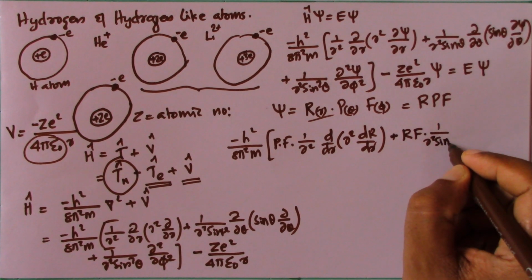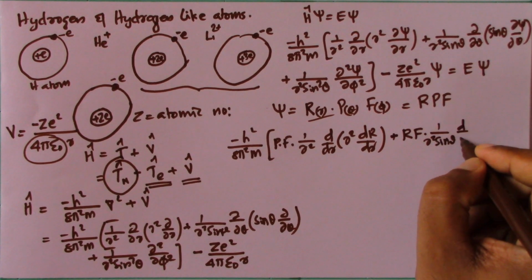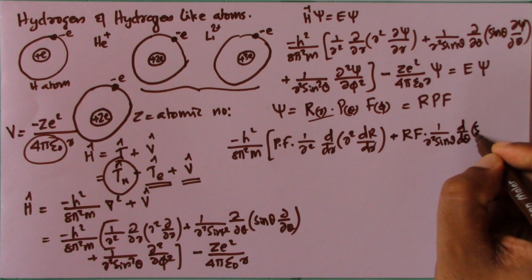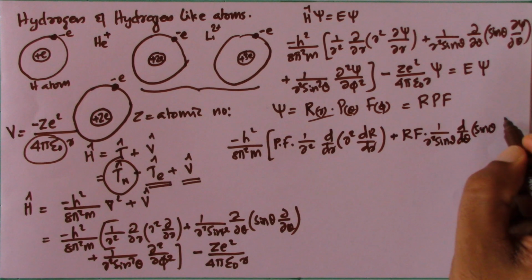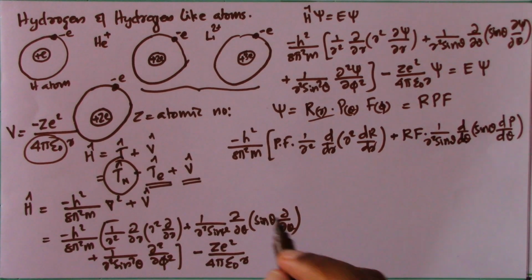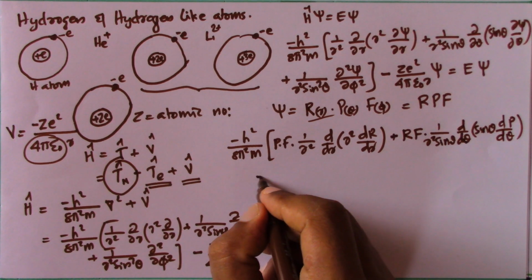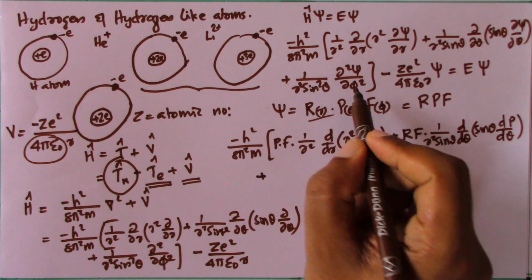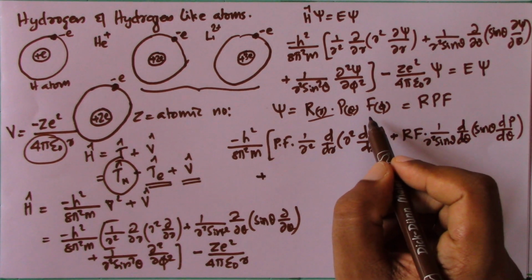sin theta d by d theta of sin theta dP by d theta, like that. Next term is the differentiation with respect to phi, so it will operate only over F of phi.